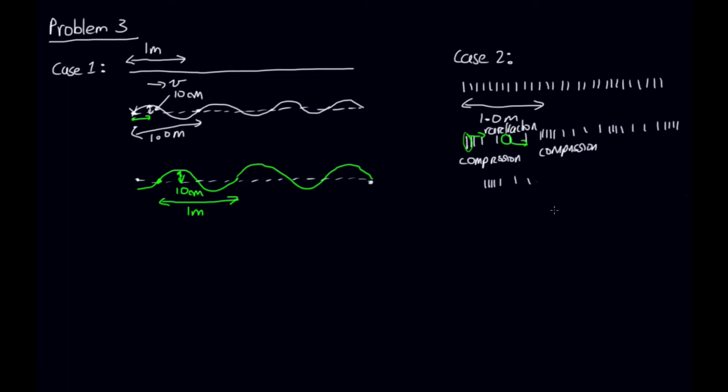So the rarefaction is spaced out. And this compression's moved on to here. So just roughly sketching it, it'll look a bit like that.